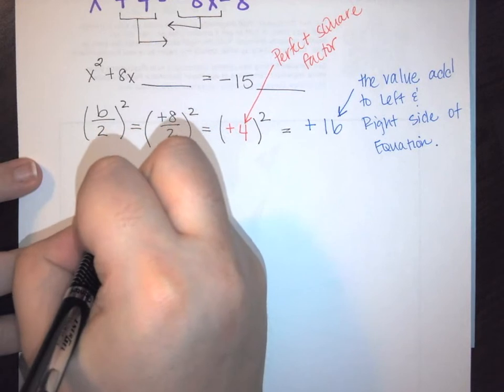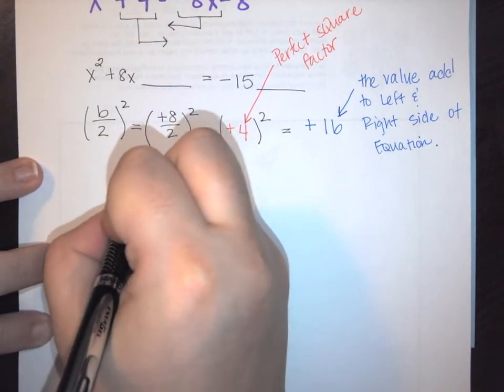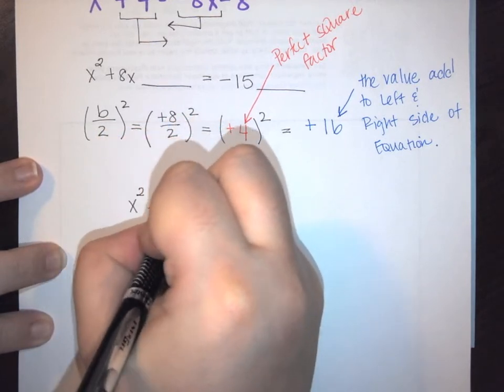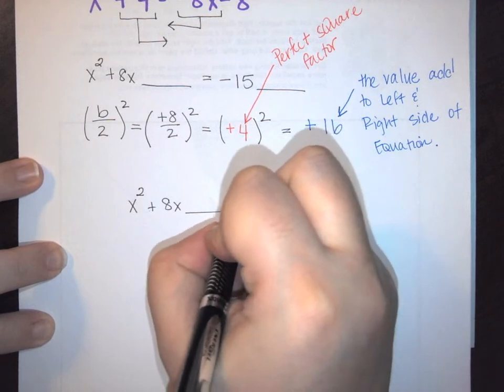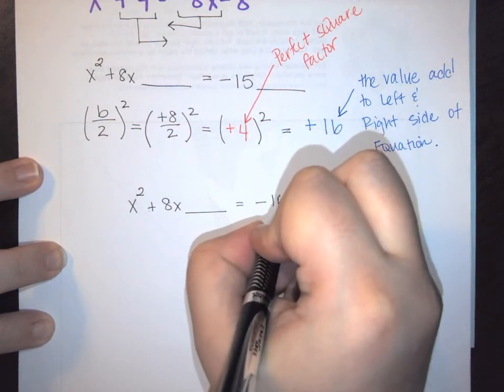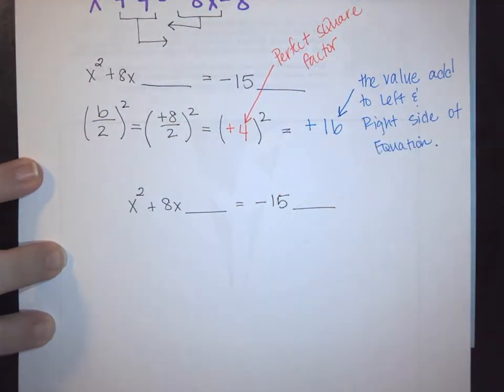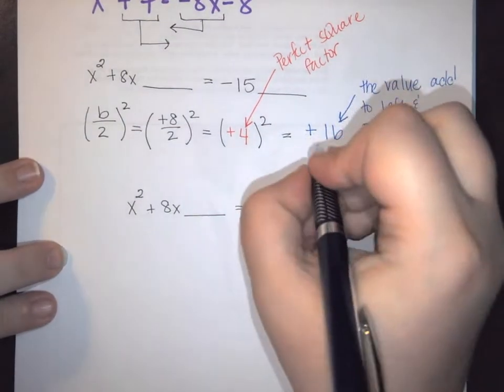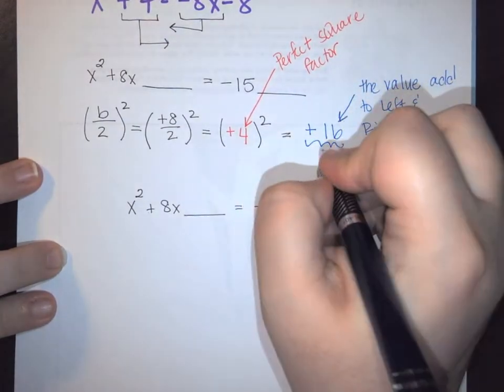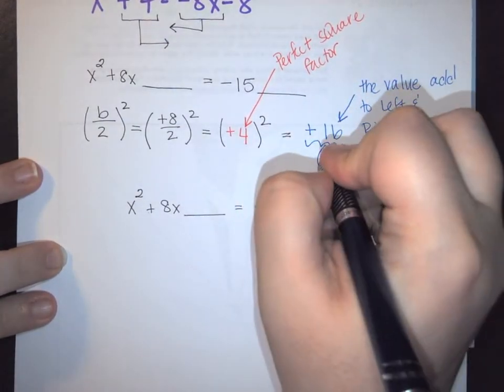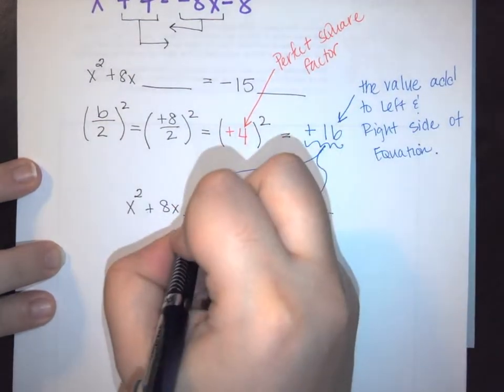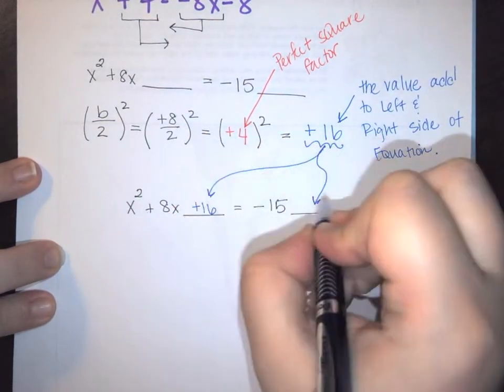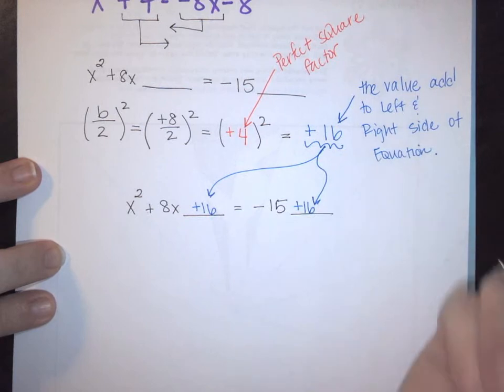We had x squared plus 8x with a space is equal to negative 15 with a space. So this 16 right here is what comes down into these two blank spaces as plus 16 and plus 16.